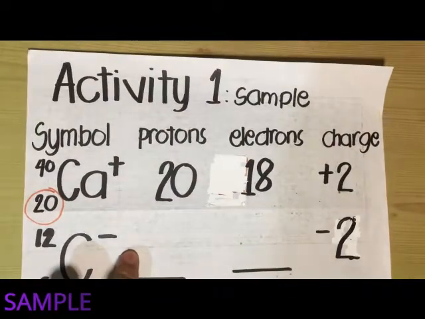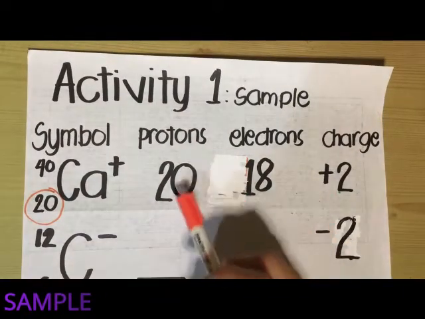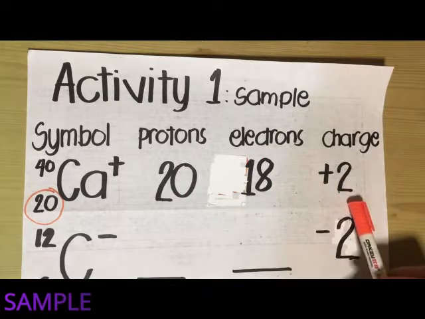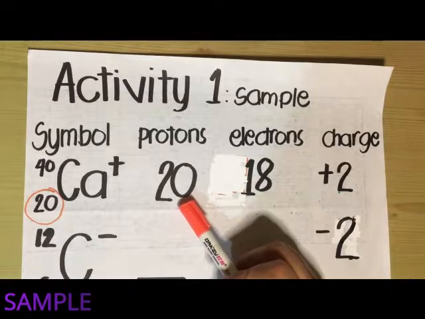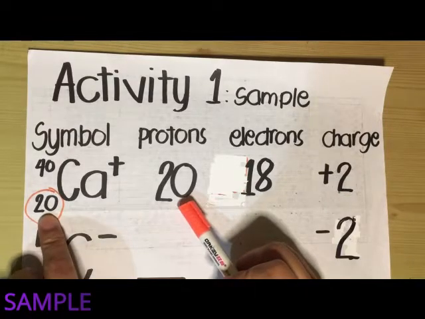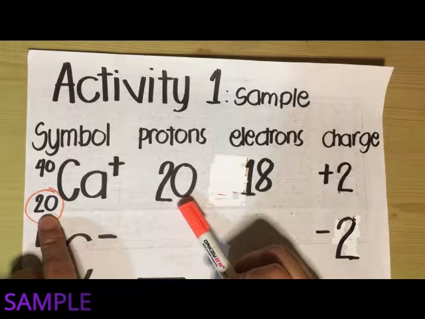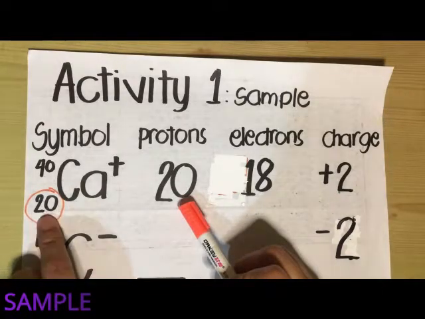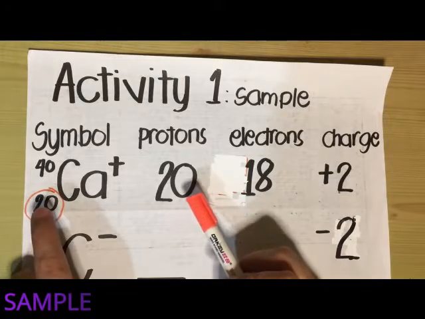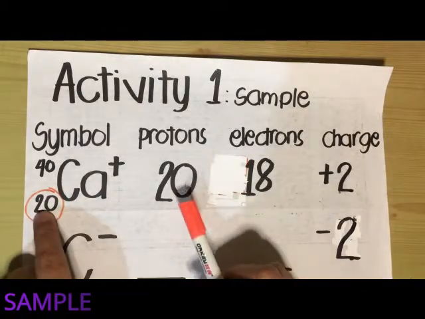So, we have here the information about proton, electron, and the charge itself. Proton here is 20. Why 20? Because the atomic number is 20. So, putting the proton is easy. You only look at the atomic number of the element, because atomic number and proton are equal.